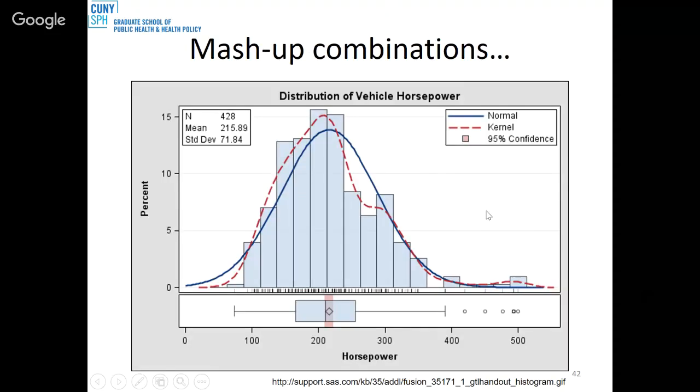It's also possible to make combinations of all of these things. I just put this in your notes because it allows you to compare all of these things. Here's a histogram with probability densities plotted over it, and a box plot, and the exact plot. So you have all of these different representations of a continuous variable here on one plot.